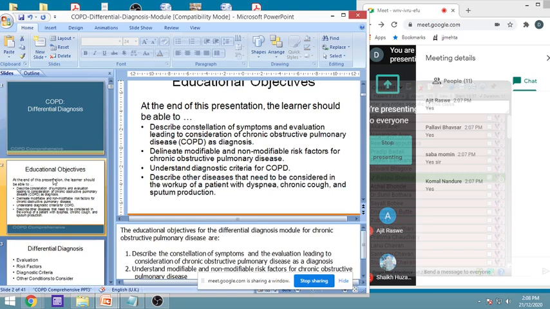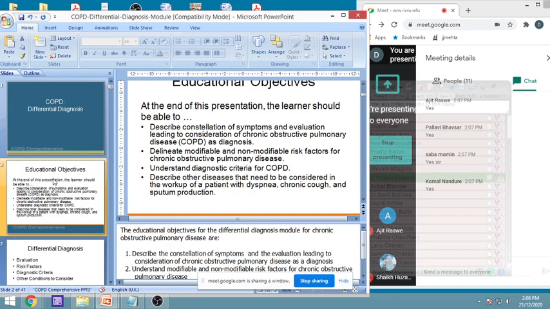So in that, let us see what our objectives here are: to see what various symptoms and evaluation give consideration of COPD as a diagnosis, then check the modifiable and non-modifiable risk factors, understand the diagnostic criteria for COPD, describe various diseases that are simultaneously present, and then what we can do.